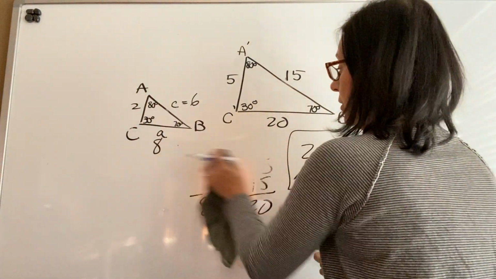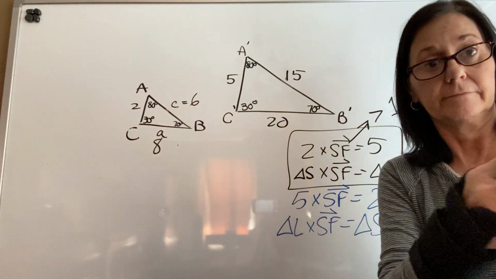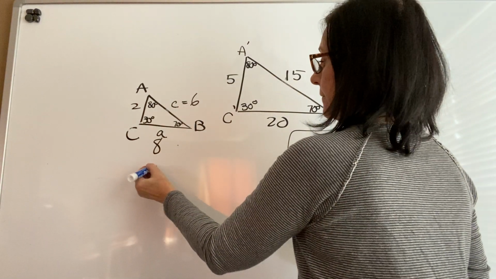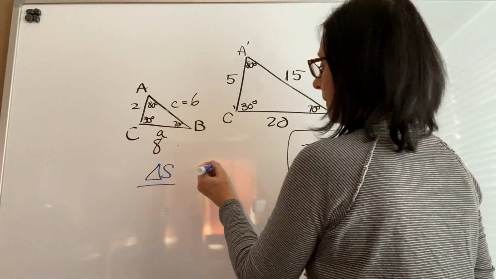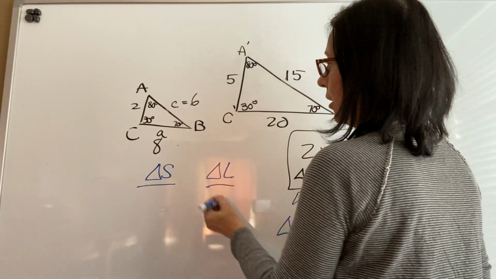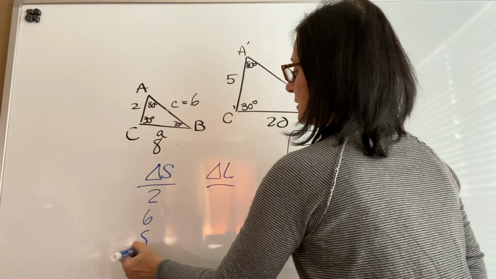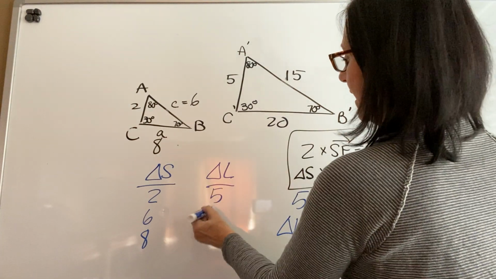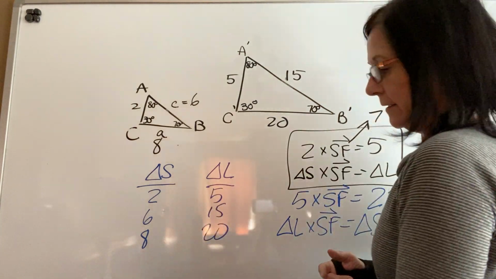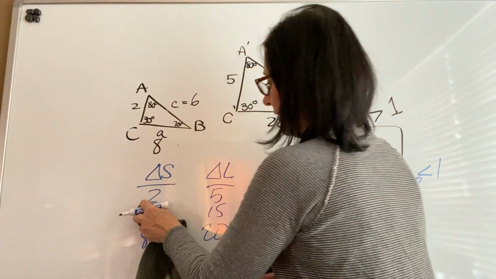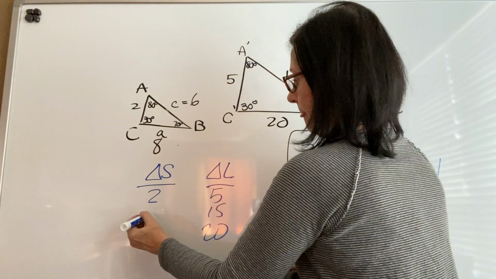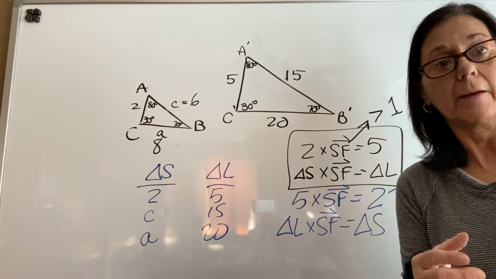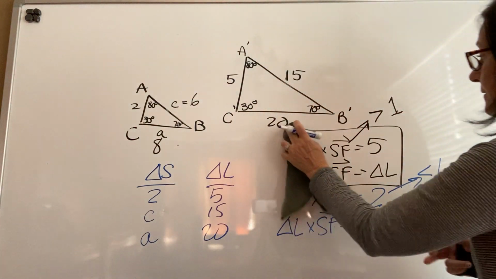By setting up corresponding sides, okay? Like I did in lesson 1. I can take the small triangle, I can take the large triangle. It's 2, 6, 8. Of course, one of these will be variables, right? And 5, 15, 20. Let's say that would be C, that would be A. If I'm solving for that, then I'm going to use cross multiplication, right?